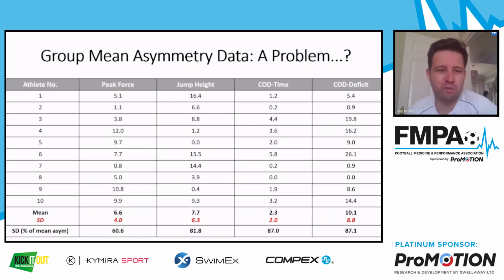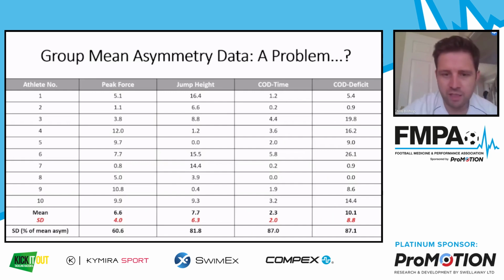If you now go across to jump height for those same athletes, athlete 7 was almost perfectly symmetrical in strength, but now has one of the largest asymmetries in jump height. Equally, athlete 4, who had the largest imbalance in strength, actually has one of the lowest in jump height. So we've got this really task-specific, highly variable concept that doesn't necessarily transfer across to other tests.